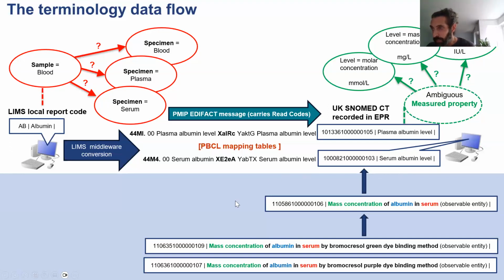And in the darker space below, I'm trying to illustrate that we've developed these more specific codes that open out things like measured properties, in this case, the mass concentration of the albumin. And they also subsume even more specific codes that may contain the technique by which the test is done, where it's relevant to interpreting the result.